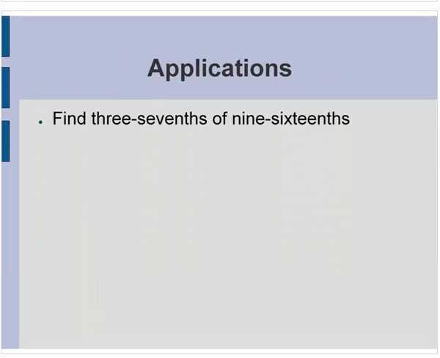Alright, so now a few applications. Find 3/7 of 9/16. When you see a fraction and then the word of, that's a multiplication idea. So find 3/7 of 9/16, we can translate that to 3/7 times 9/16.